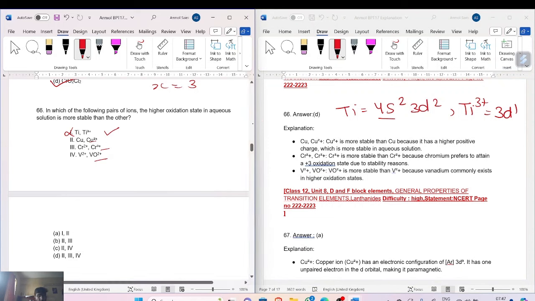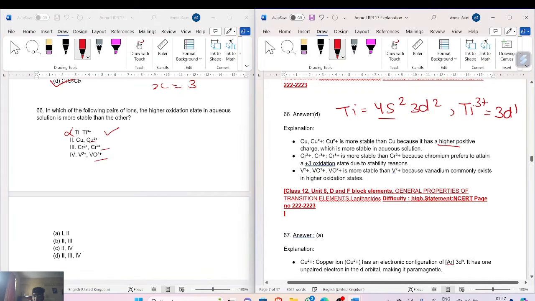For copper to copper 2 plus, we know that copper 2 plus is more stable because of hydration energy, as we have discussed earlier, and we can also say that with a higher positive charge it will be more stable in aqueous solution. So we can explain this by these two concepts.